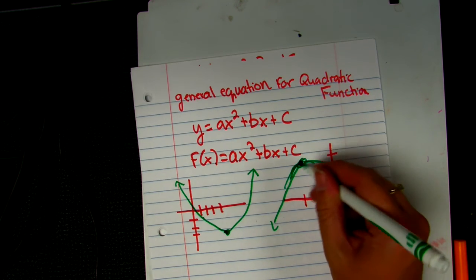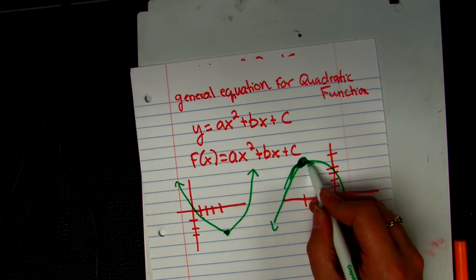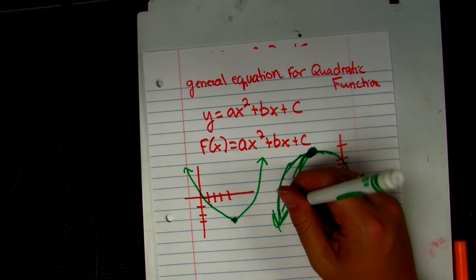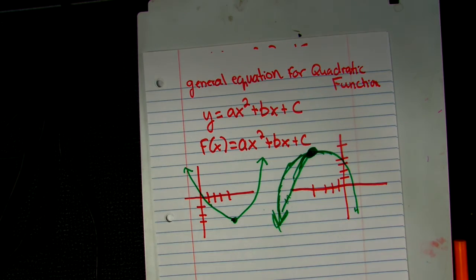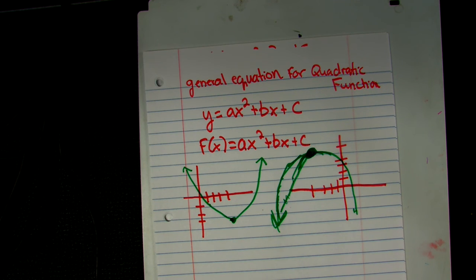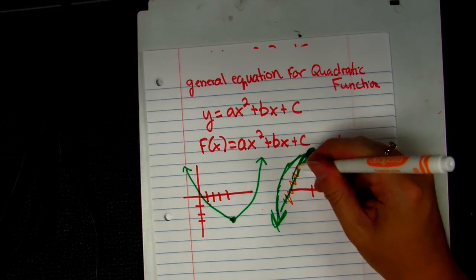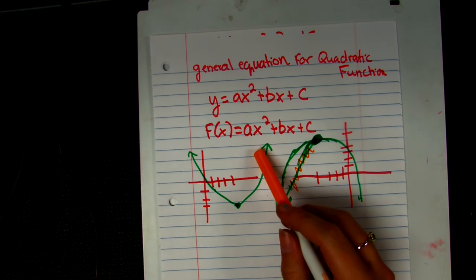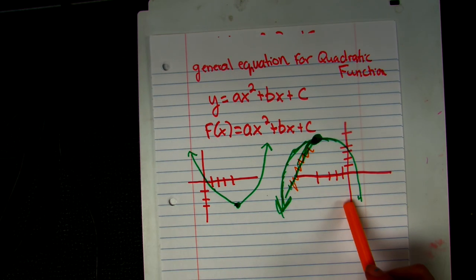Okay, it has a highest point. It's actually supposed to be right there. So it would come out a little bit more like this. Sorry. So ignore this piece, this is not supposed to be there. There we go. All right. So we have one parabola with a lowest point, and then we have a parabola with a highest point.